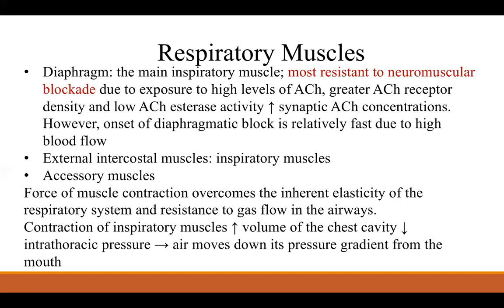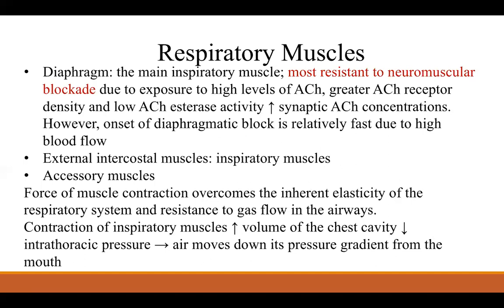All right, and during expiration, the diaphragm shifts its position back to its original location, that's into the thoracic cavity. Now the space in the thoracic cavity is minimized, and therefore the pressure would be greater within the thoracic cavity. That is when air moves from the lungs to the atmosphere.